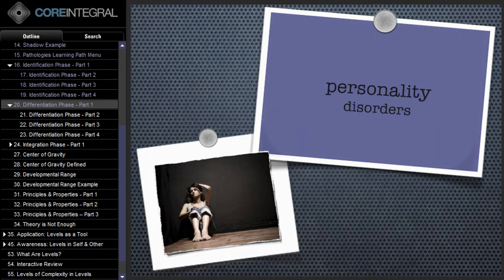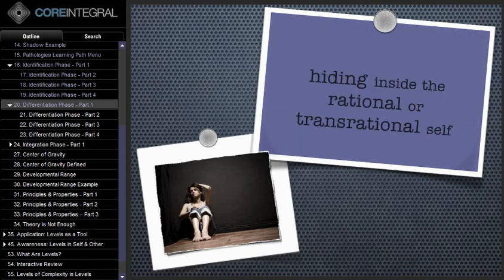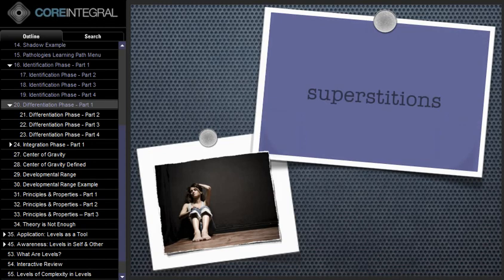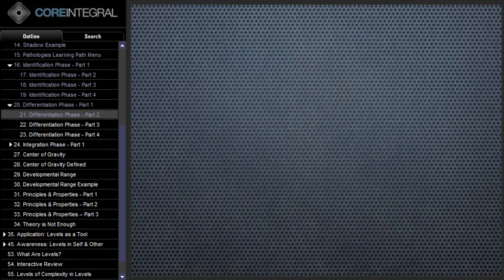Milder forms of this kind of fixation result in neurotic symptoms, which are very common, and are also due to pre-rational views, needs, or sub-personalities hiding inside the rational or transrational self. Examples include, but are not limited to, superstitions, obsessive-compulsive disorders, food or sex addictions, and depression and anxiety disorders.